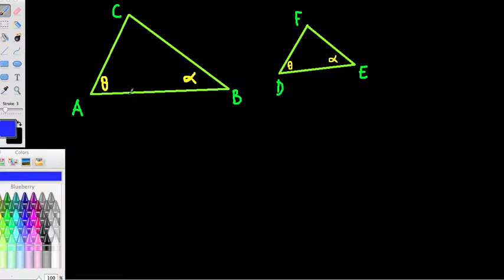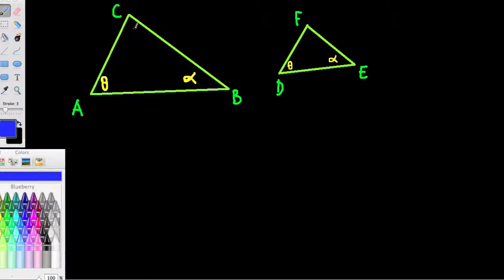Here we have an example. 2 triangles are drawn here and I've got 2 angles shown as well. So what have I got? I've got theta in this triangle and I've got theta in that triangle and I've got alpha as well. Remember the little fish symbol is alpha. And I've got one here as well. That implies this angle here, CAB, is equal to angle FDE in that triangle.